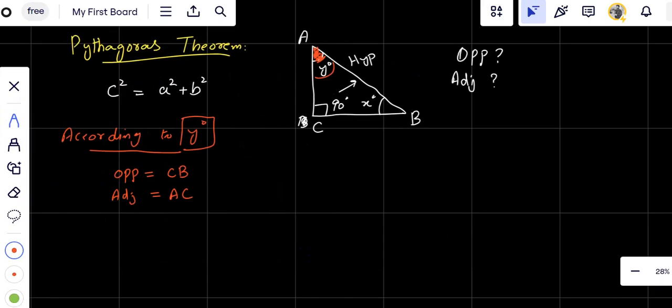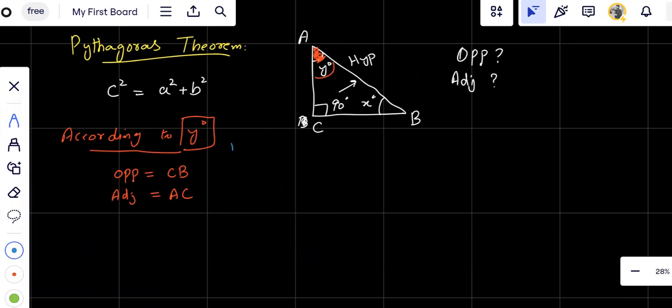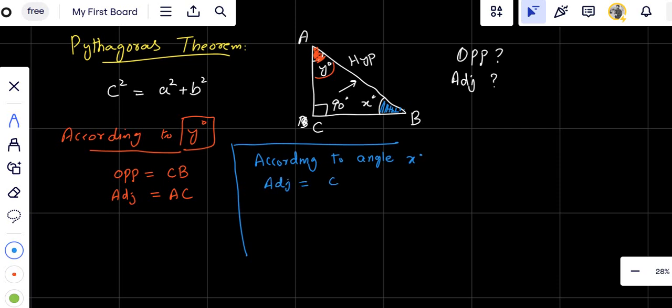So on the same side, if I talk about angle X degrees, CB will be the adjacent and AC will be the opposite.